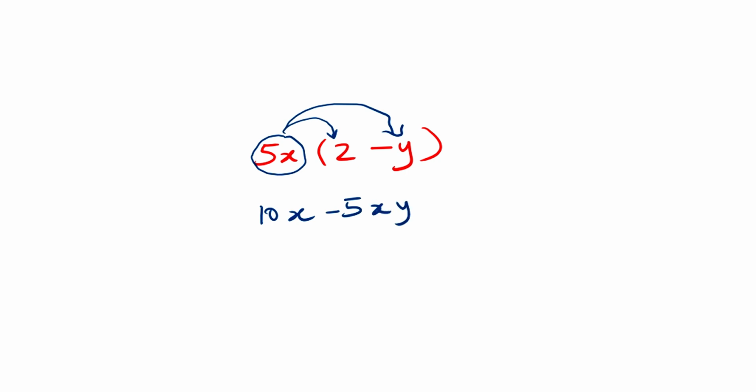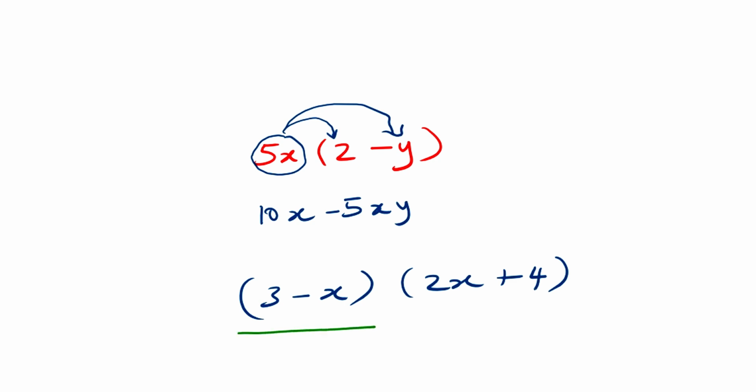How about when you have two binomials to expand? 3 minus s, 2s plus 4. Okay, so this is a binomial. This is a binomial in a bracket. This is another binomial in a bracket.